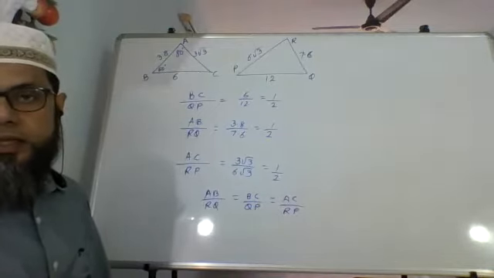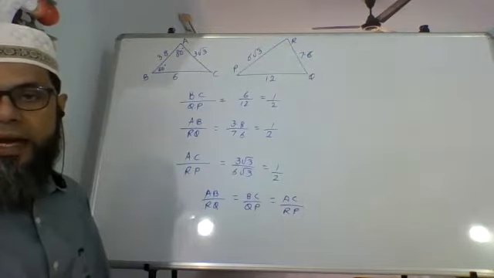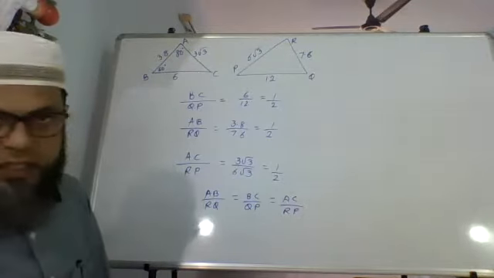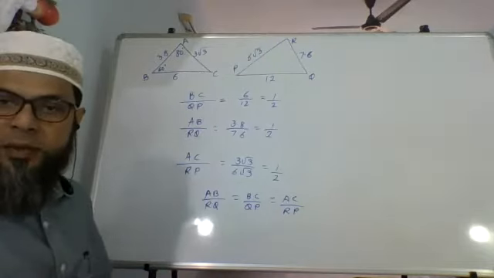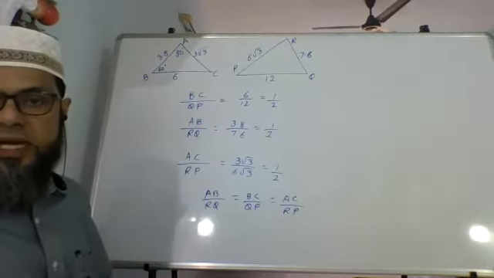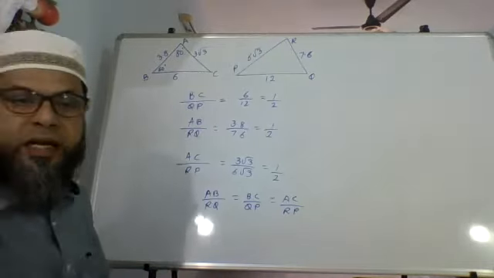So the two triangles are similar by SSS test. The sides are in proportion. Therefore, the triangles are similar by SSS test. Are we clear till here? Till here, are we clear, Kihan?